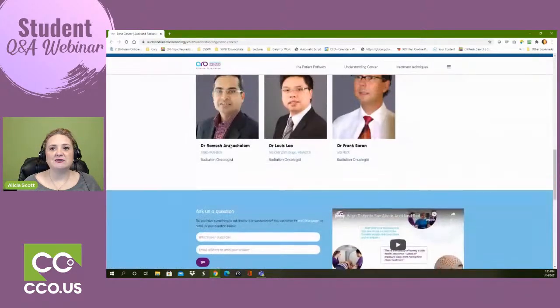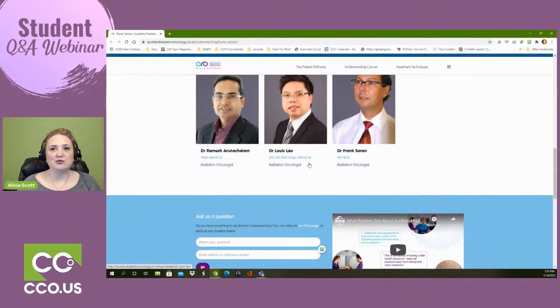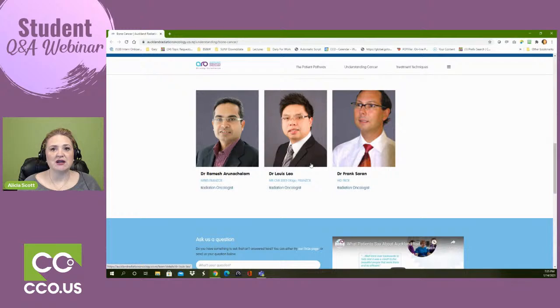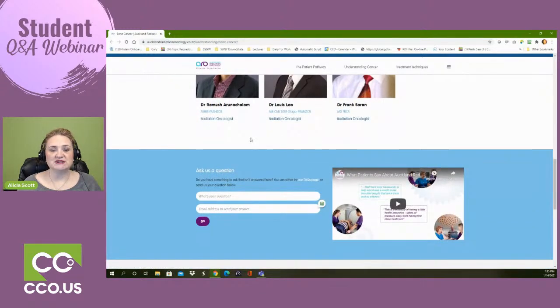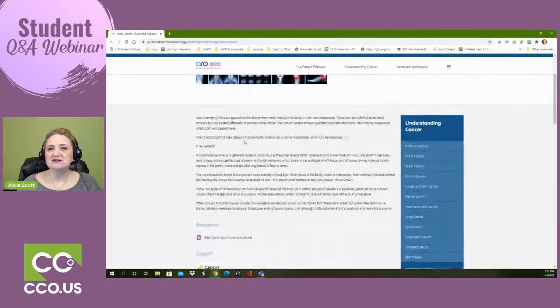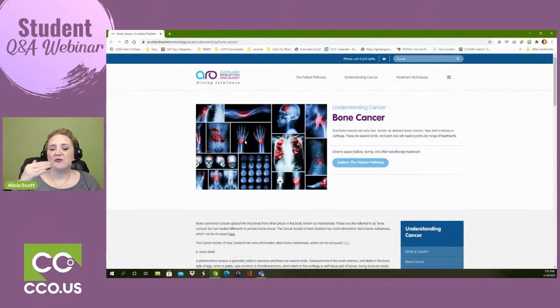But I noticed here you can find out who the providers are that were giving the information. Okay, and resources sometimes are linked here on the bottom, but these often are for providers, clinicians, or other people at a higher level in the medical field.